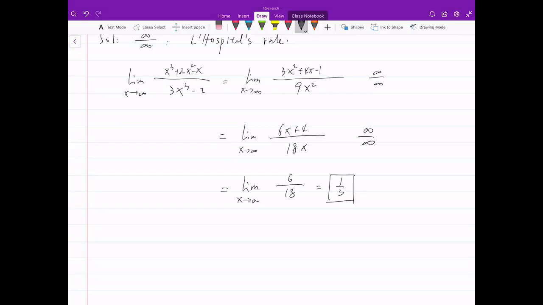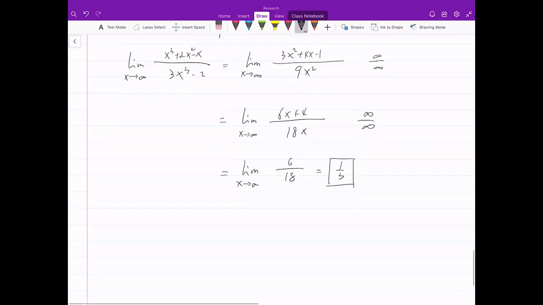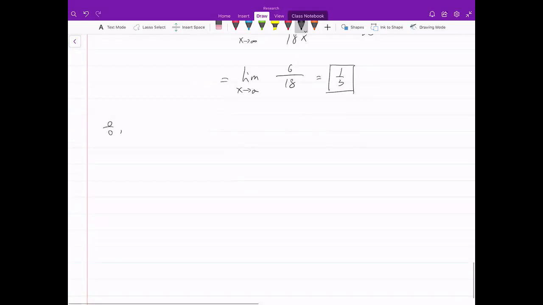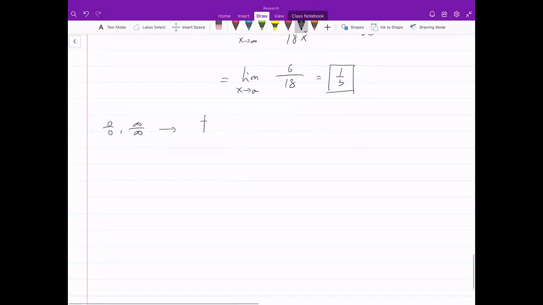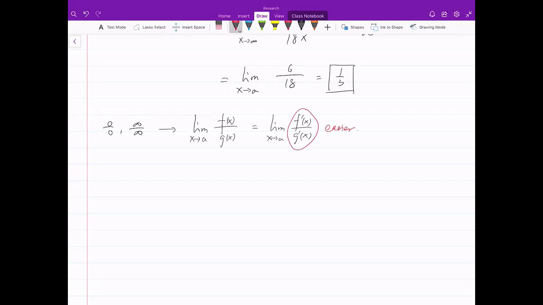Does it make sense to everybody? Okay, so this is what L'Hopital's rule says. It can handle two cases, 0 over 0 or infinity over infinity. Once you have these two cases, just apply. And your hope is once you take the derivative, this one becomes easier than the previous one.